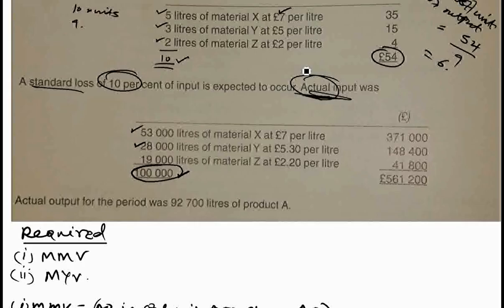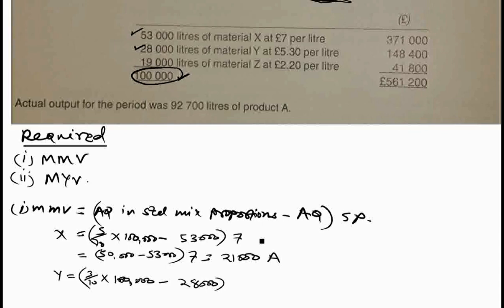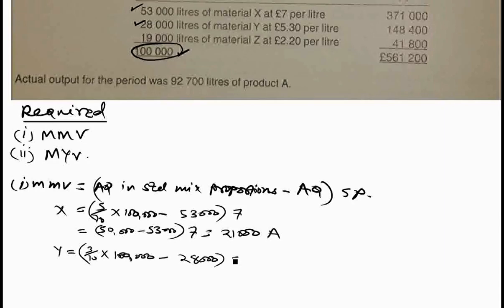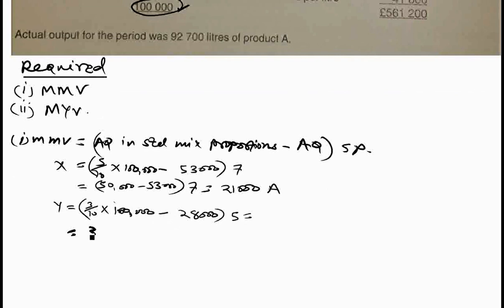Standard price for Y is 5 shillings, so into 5. 3 over 10 times 100,000 gives us 30,000, minus 28,000, that is positive 2,000 times 5, which gives us positive 10,000. So that is 10,000 favorable.